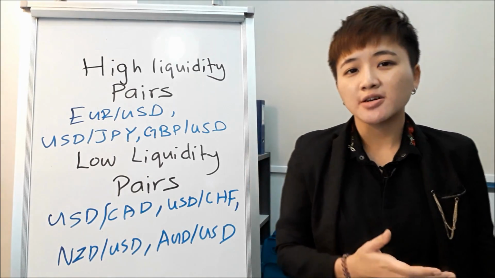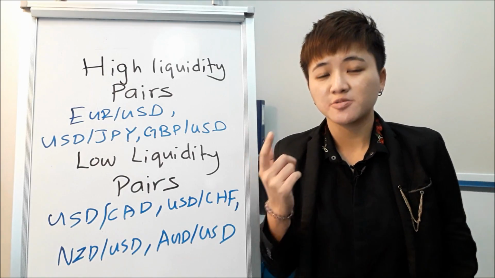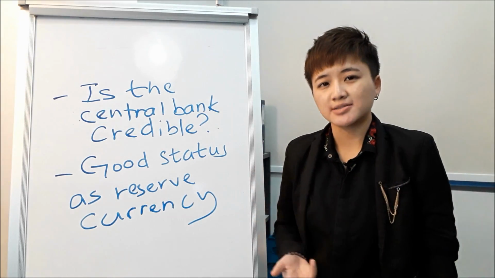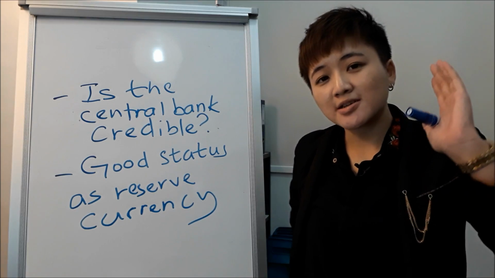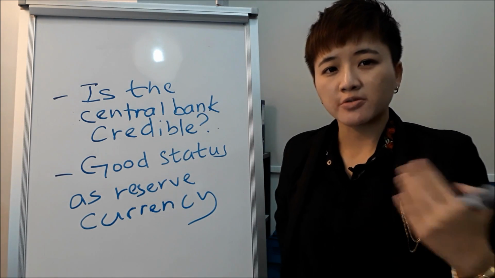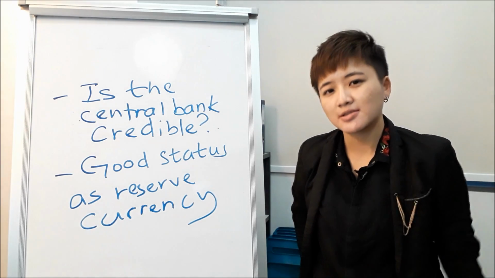Now, the other benefit of trading a currency that has high liquidity is the spread. So the thing is, central banks all around the world, they would hold foreign currencies to support their own currencies. So if this particular currency is used as a reserve currency by a lot of central banks all around the world, then you can more or less say that this currency is safe to trade. Okay?